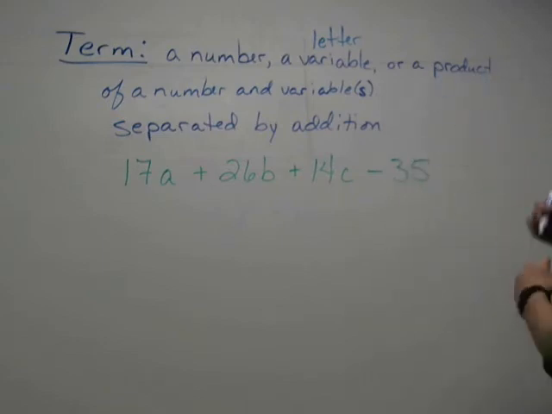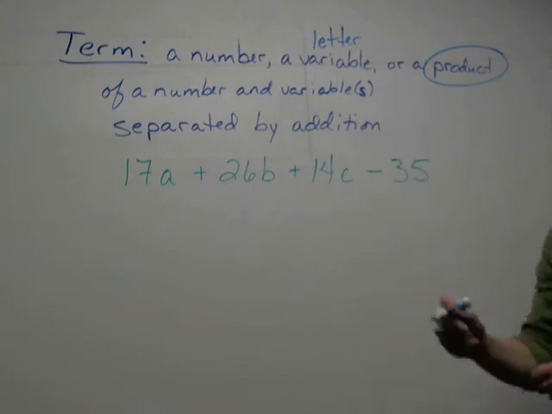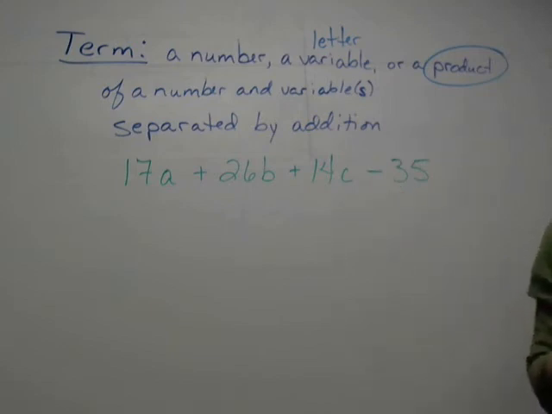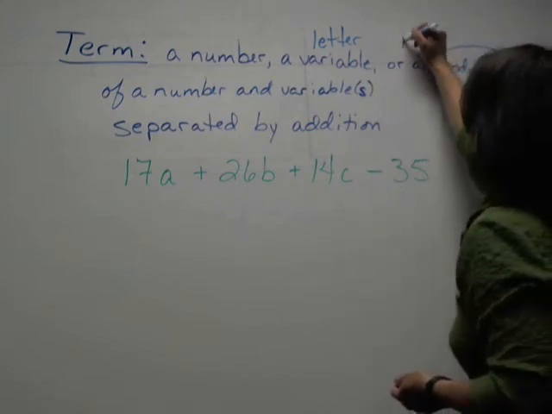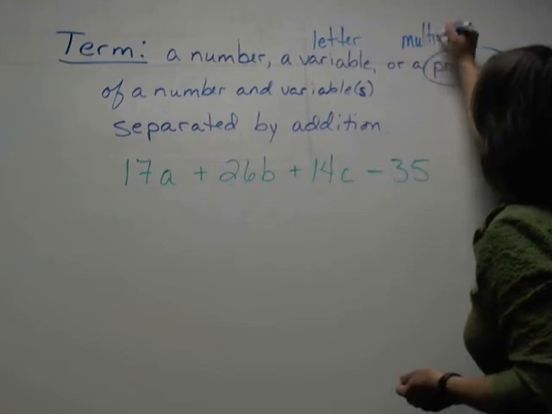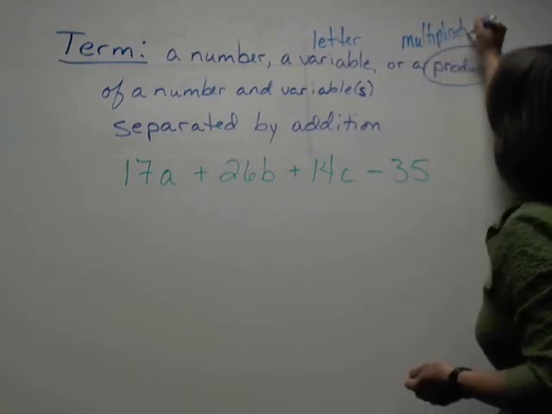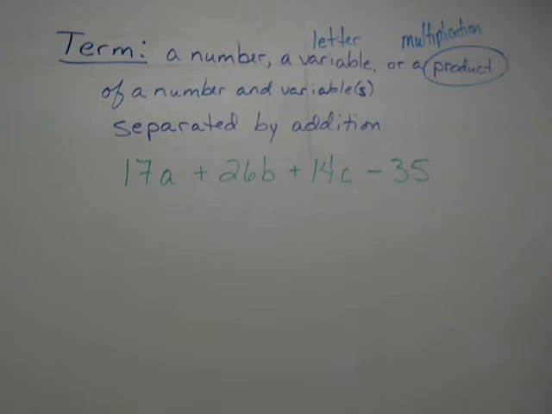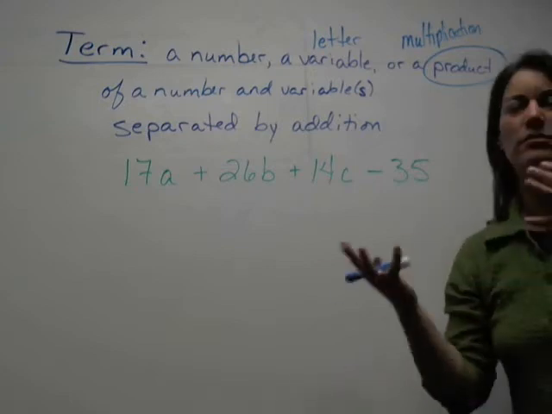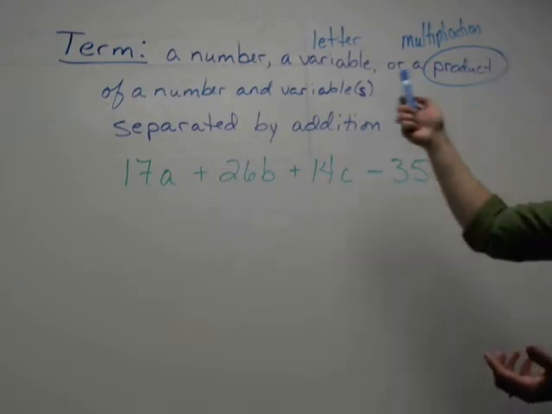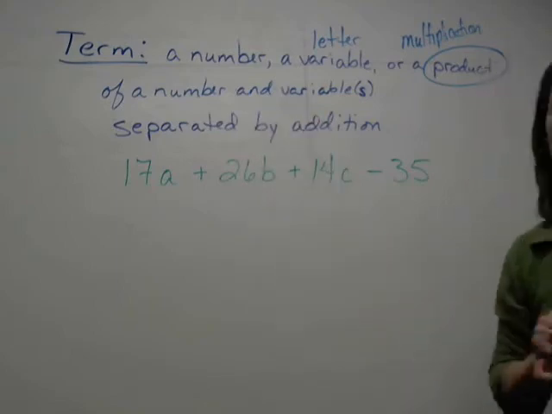Or a product. What's a product? Product in math land means multiplication. So it's either a number, or it's a letter, or it's a multiplication of a number and a letter.